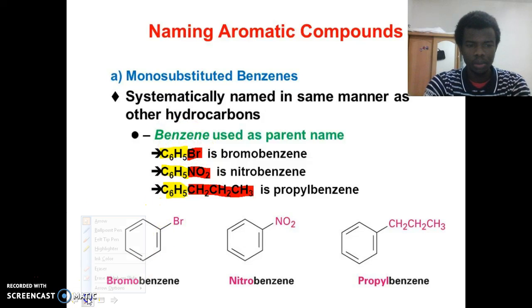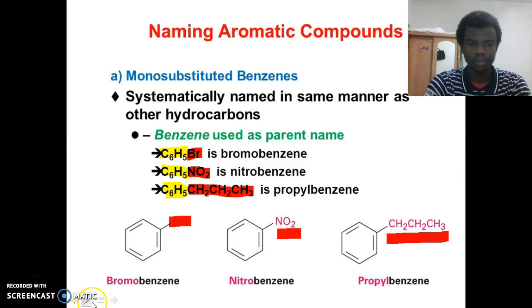And now let's see how to draw these compounds. Now here, these are the substituents. These are the substituents.